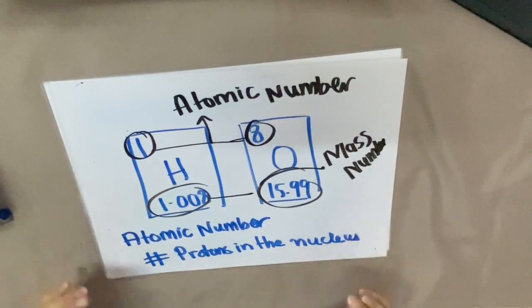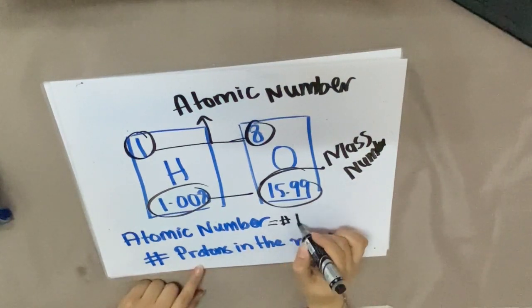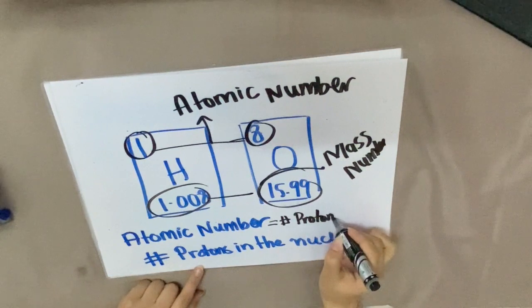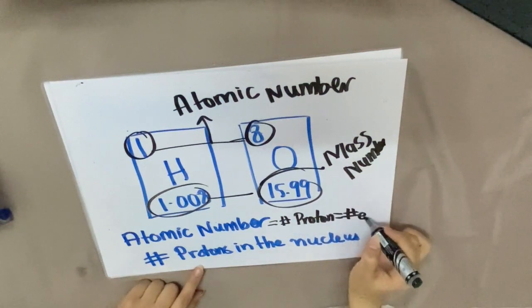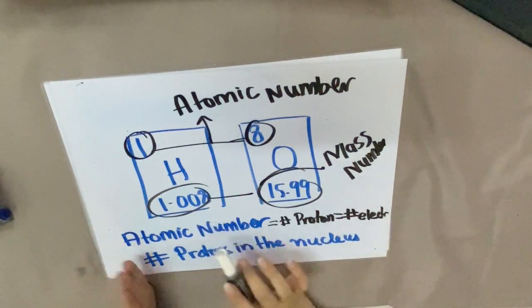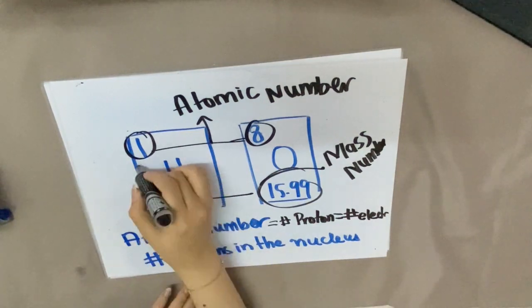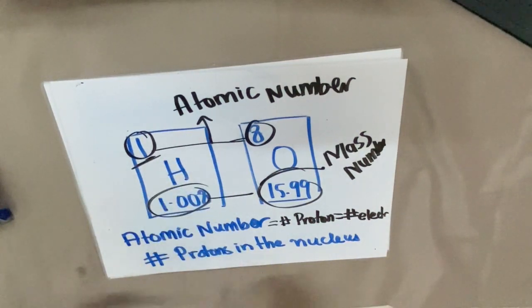So keep in mind, the atomic number is the number of protons and number of electrons. They're equal, okay? So we can tell the first difference between a hydrogen and an oxygen atom is the atomic number. As for hydrogen, the atomic number is 1, whereas for oxygen, the atomic number is 8.